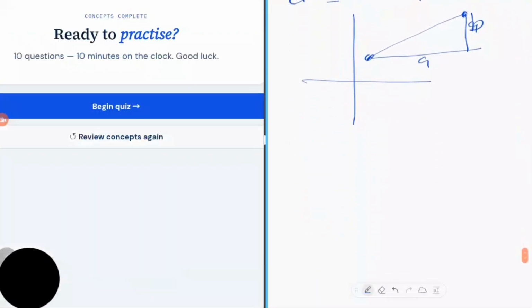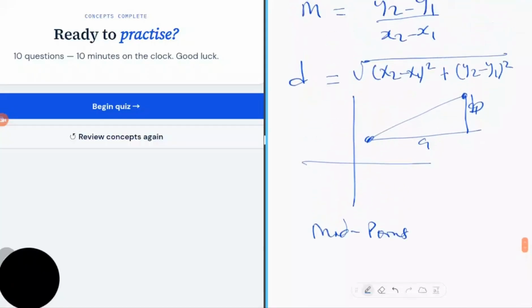The midpoint will pop up, and we didn't talk about it. Even before we start the test, all this we are calling x2, x1. It could be a point P, 1 and 4, and another point Q, 5 and 11. It doesn't matter, unless the question says which is x1 and x2. If the question did not say, what matters is that wherever you put x1, you have to put y1.